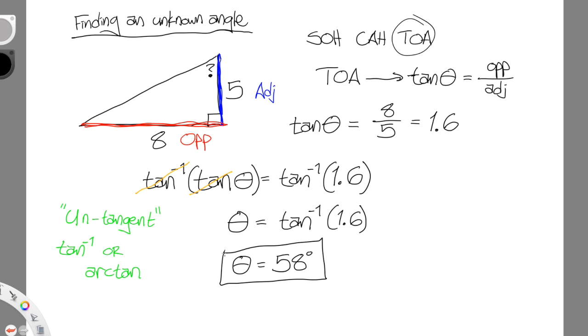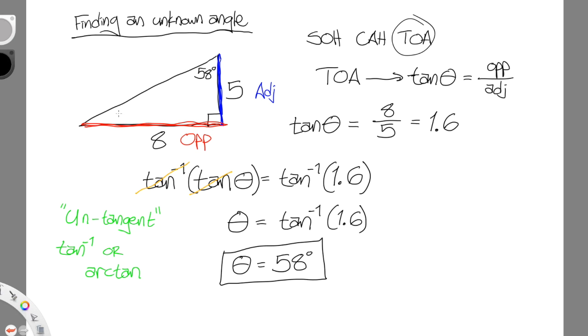So that means that this angle up here is 58 degrees. And then don't forget geometry still happens, so the interior angles of a triangle have to add up to 180 degrees.